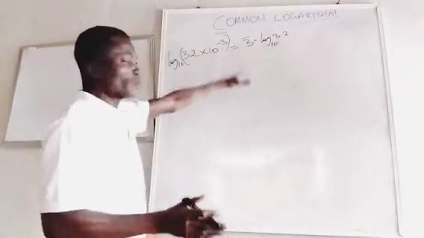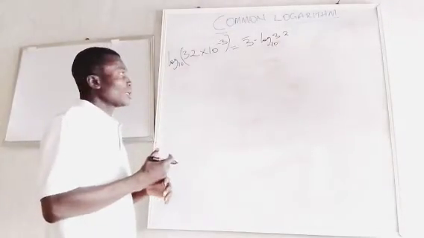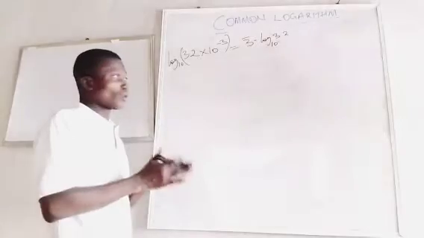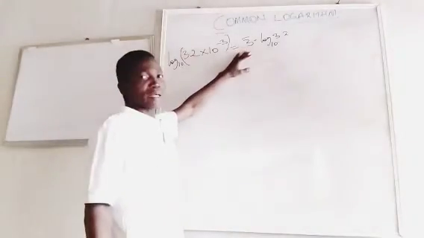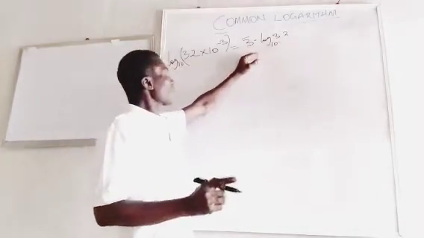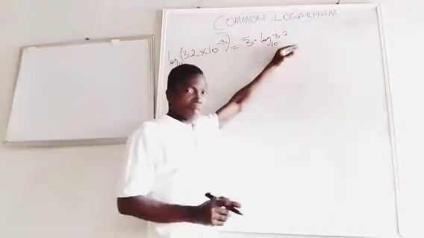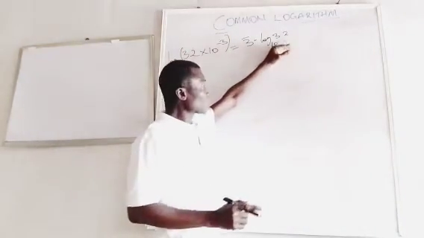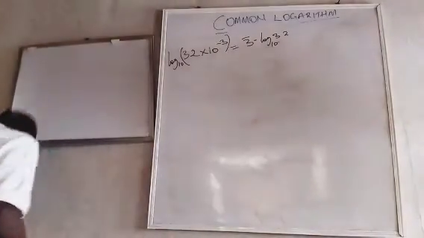So if we have it like this, and we want to find the square root, it will be very problematic. You know why? This one here, by the time we divide by 2, is going to remain minus 1. And you cannot join that minus 1 to the positive number at the back. So let me quickly find the log of 3.2.